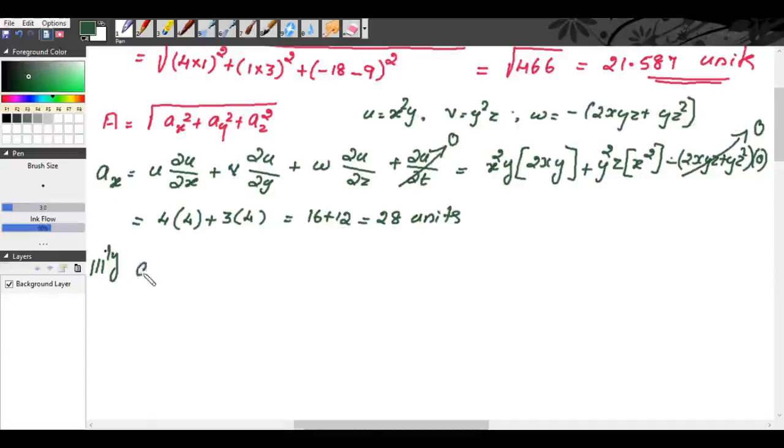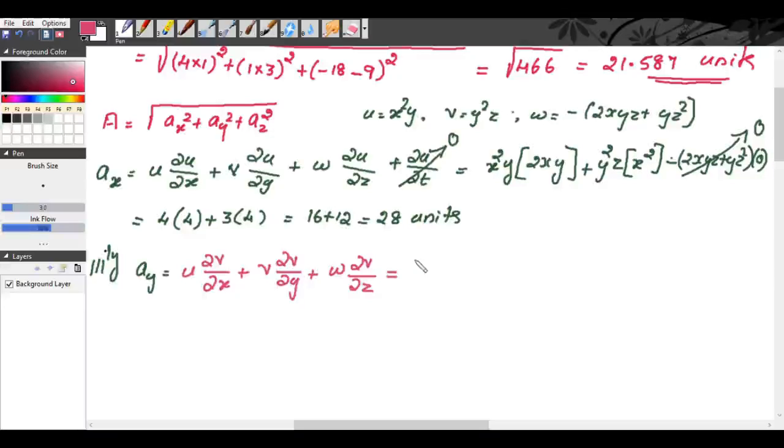Similarly, we get ay is equal to, we know it is u into dou v by dou x plus v into dou v by dou y plus w into dou v by dou z, plus the dou v by dou t term, which is 0.